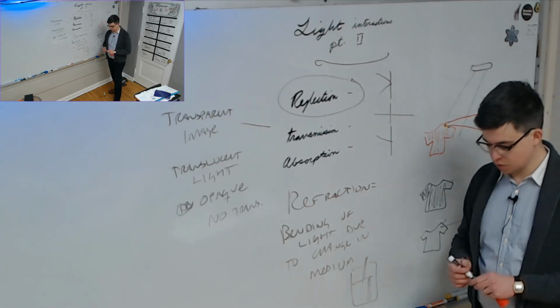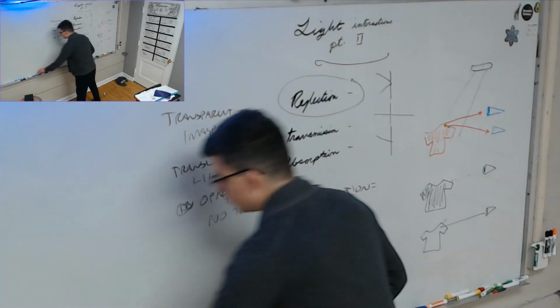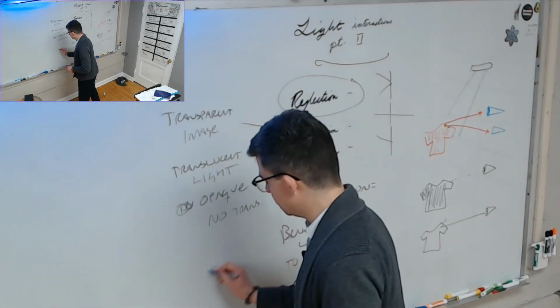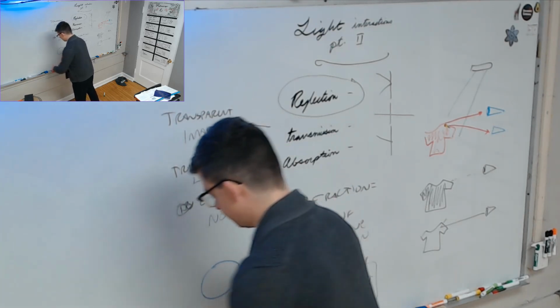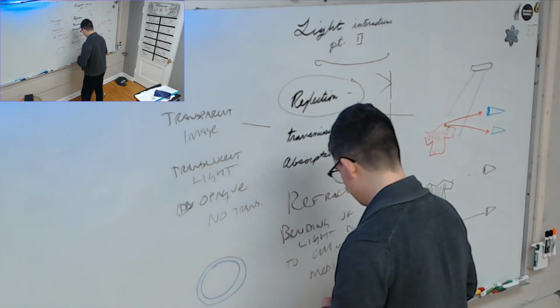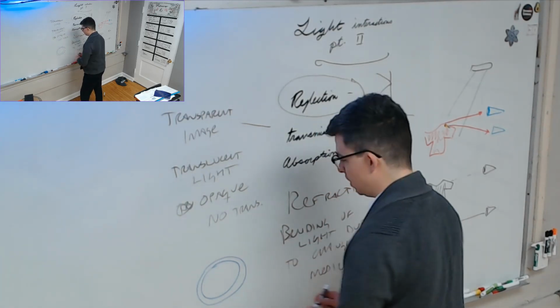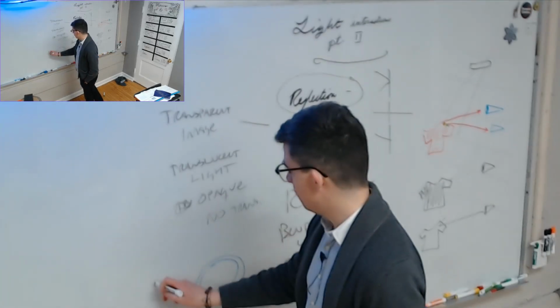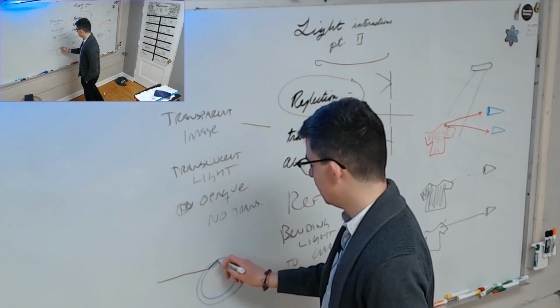The same thing, or a similar thing, happens when planet Earth, which is sitting here in outer space, surrounded by a beautiful atmosphere that we love, when the light is coming from the sun, the light is bent.